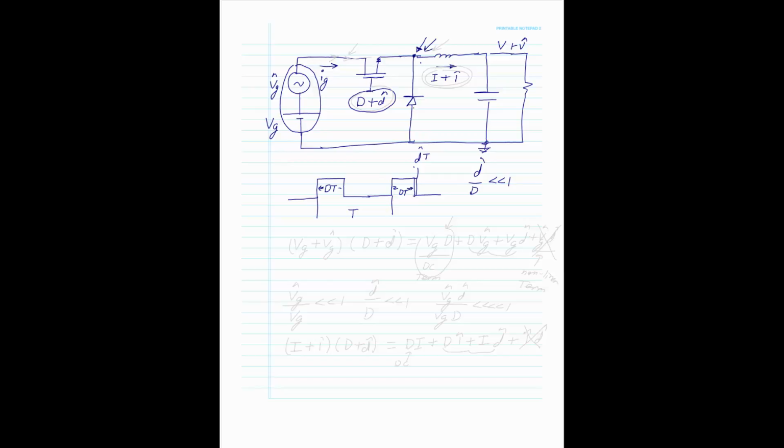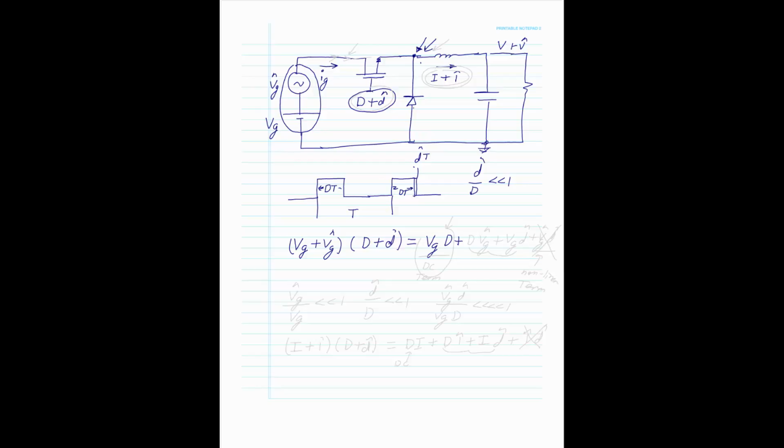So in reality, what you have across that for a square wave is VG plus VG hat multiplied by the duty cycle, D plus D hat. And it's that simple. And you could see you're going to have the DC term.